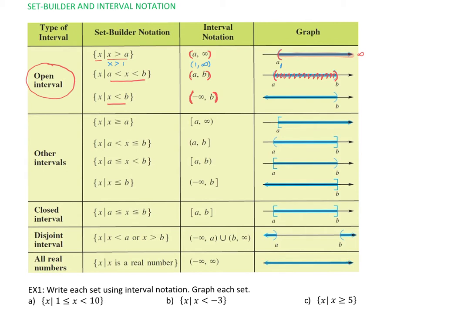So again, remember parentheses whenever you have a negative or a positive infinity, because you can never reach it. And order matters. So negative infinity is the absolute smallest value, and it would be everything up until b, but not including b. So when we look at our graph, it's everything until b, but not including b, so we would have a parenthesis.